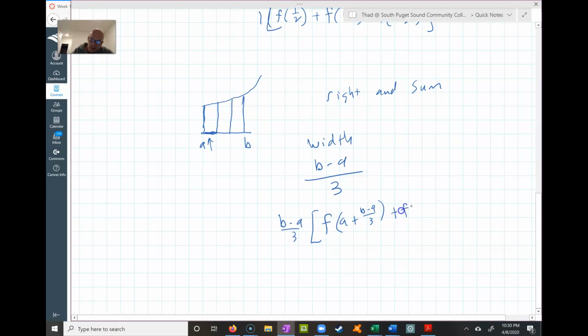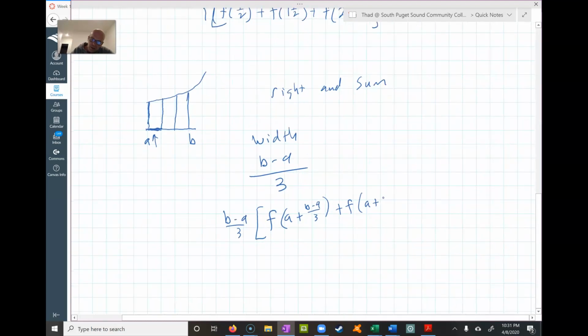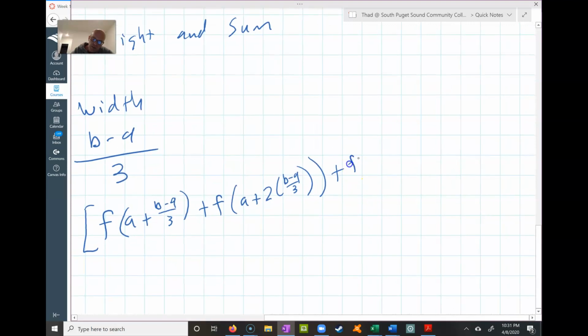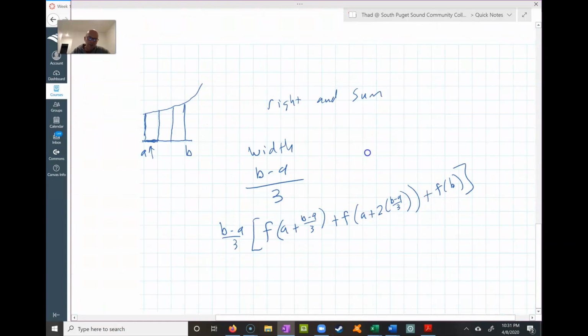And then I would take f of A plus 2 times B minus A over 3, and finally f of B, because I would use B for my last height.